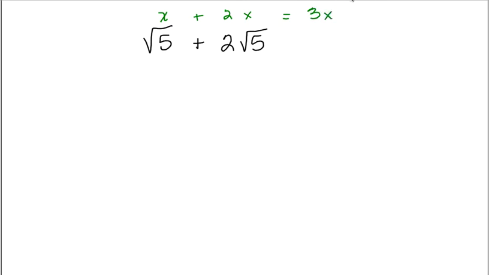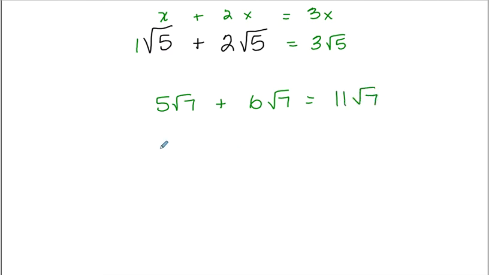You wouldn't change the x and make it x squared. So if you're adding radicals, this would be 1 root 5 plus 2 root 5, which gives me 3 root 5. All right, so if I have 5 root 7 plus 6 root 7, that would give me 11 root 7. I can subtract as well. 8 root 3 minus 2 root 3 would give me 6 root 3.